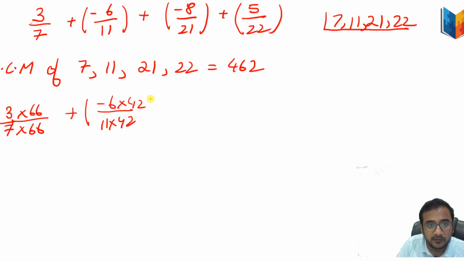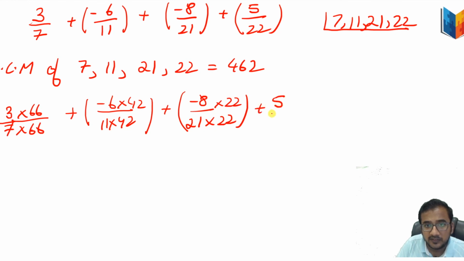So in this way we will be multiplying each of them. So minus 8 by 21 into 22, plus 5 by 22 into 21.